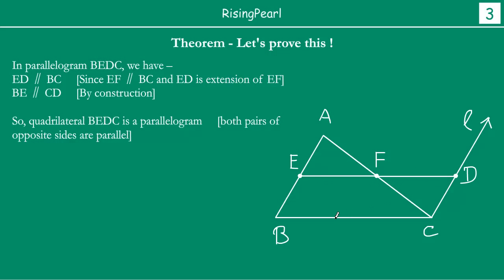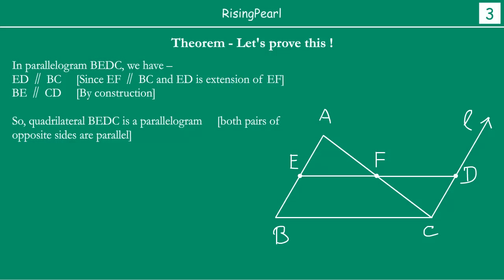Since EF is parallel to BC and ED is an extension of EF, we have these two parallel to each other, and also BE is parallel to CD by construction. So we have a quadrilateral BEDC such that both pairs of opposite sides are parallel to each other. We know that is the definition of a parallelogram, right? So the quadrilateral BEDC is a parallelogram.